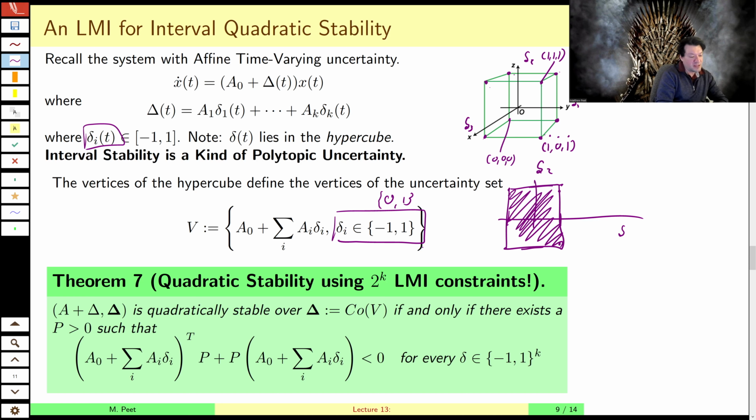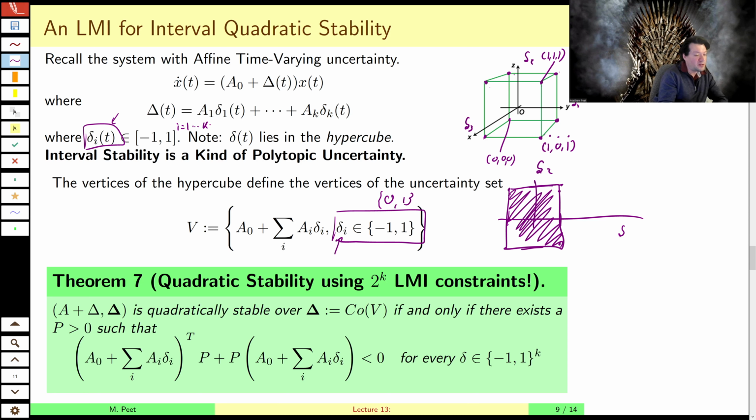Here the number of vertices of the polytope is given by the number of vertices of that hypercube. So in the original formulation of the interval uncertainty case, say we had 2 uncertain parameters. When we convert this to a polytope, if there are k of these, i equals 1 to k, we're going to get 2 to the k vertices.